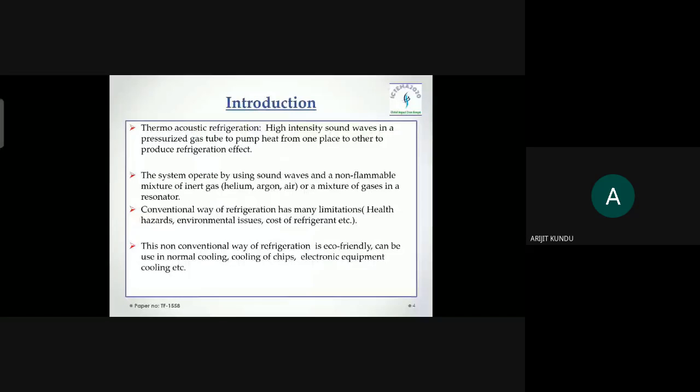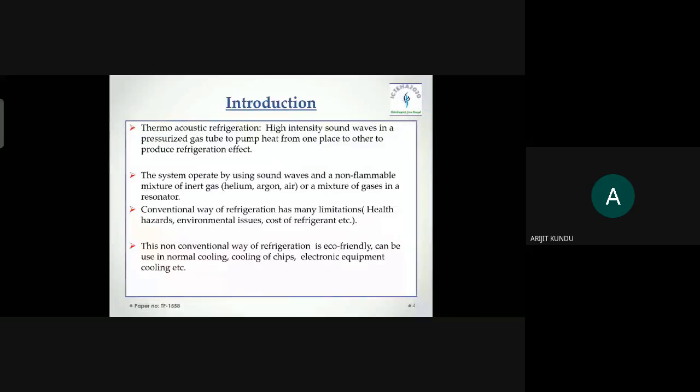We all know about the conventional refrigeration system, and as my previous speaker said, conventional refrigerants have some environmental issues, and they are very costly. If there is any leakage of refrigerants, it will create health hazards.